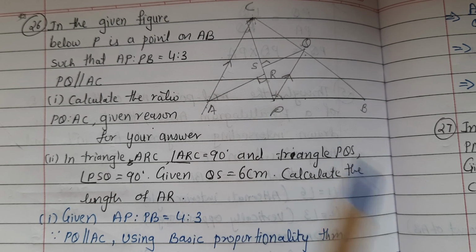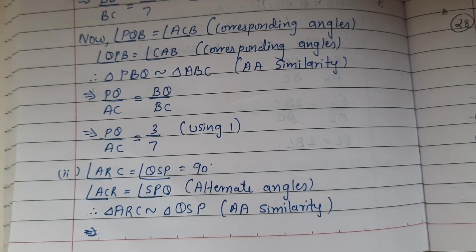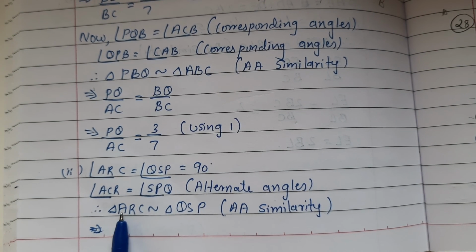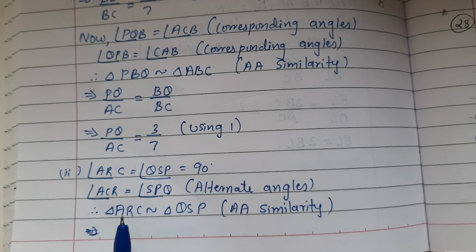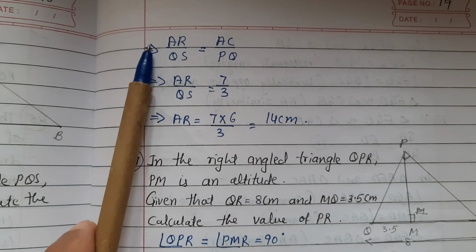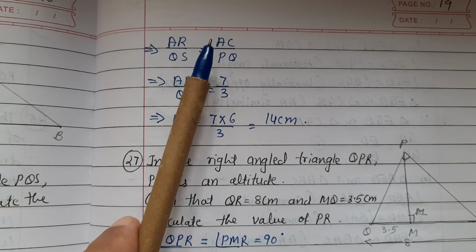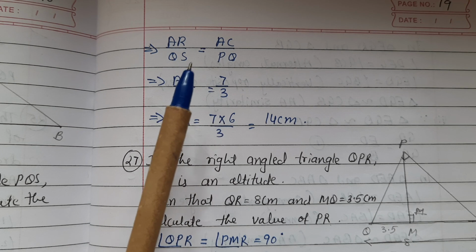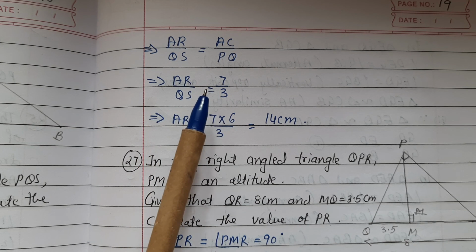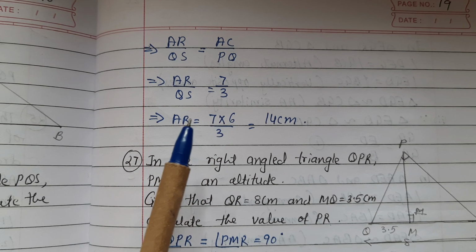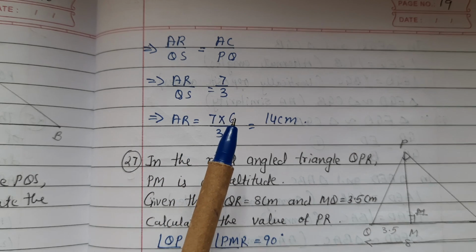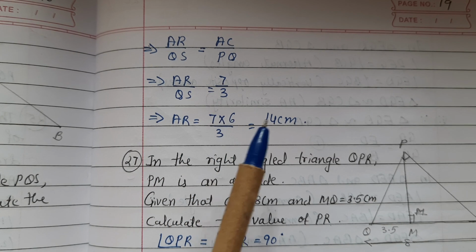Therefore, by AA test of similarity, triangle ARC is similar to triangle QSP. Therefore, sides are proportional. AR upon QS is equal to AC upon PQ, which is 7 upon 3. AR is equal to 7 into 6 upon 3, equal to 14 centimeters.